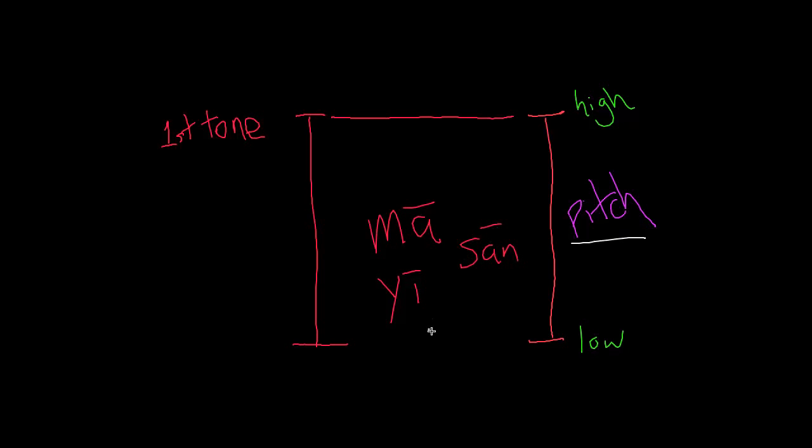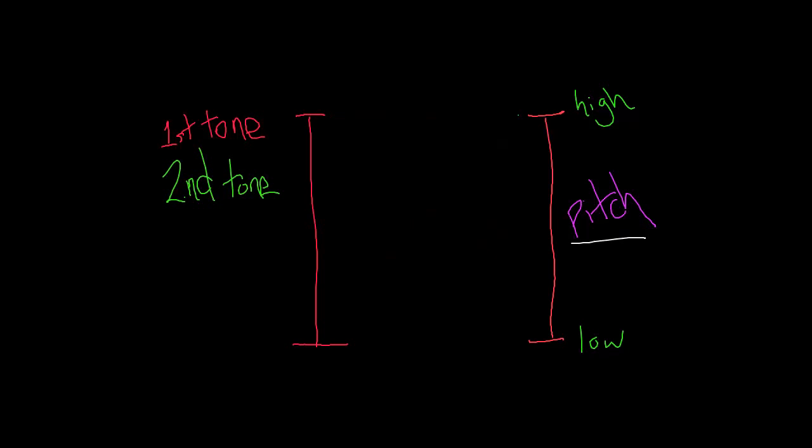Another number. San, san. Ma, yi. If you listen, you can hear that the pitch in each one of these words is the same. We stay at the top of the register. Ma, san, yi.